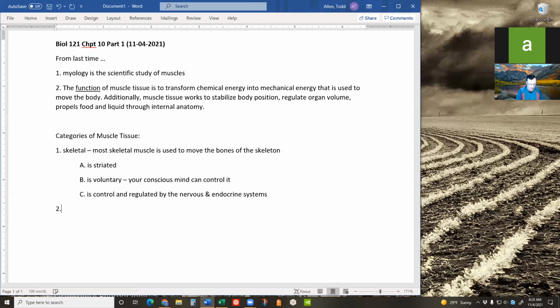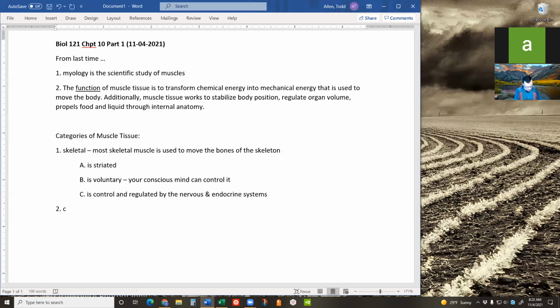We'll have more to say about that later. Okay, truth be told, the primary physiology that we're going to share with you in chapter 10 is going to be skeletal muscle physiology. That doesn't mean the others aren't important. It just means we need to pick our battles right now because we have a limited amount of time.